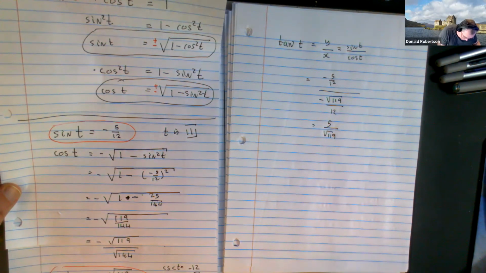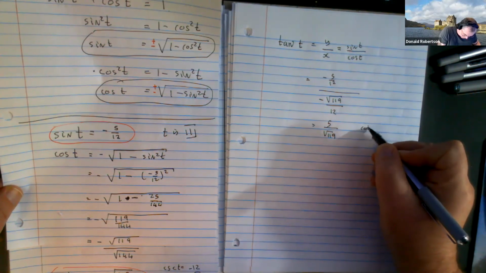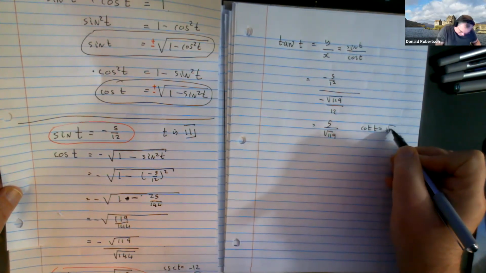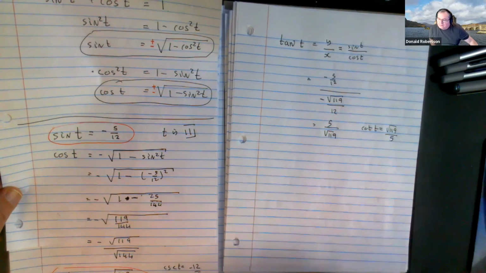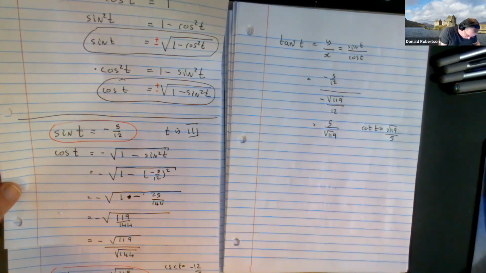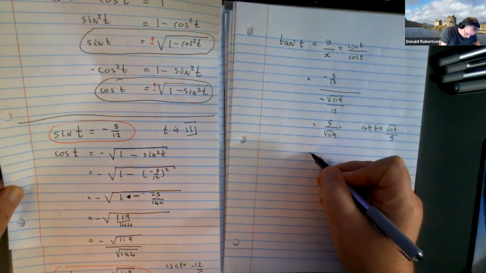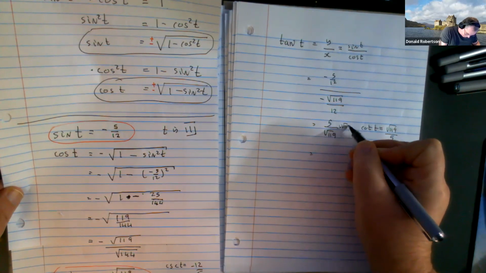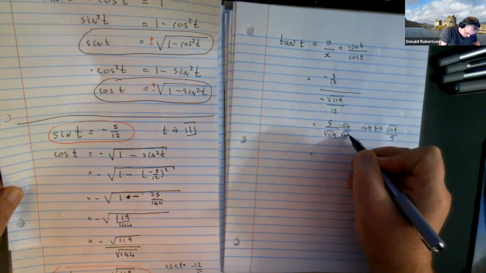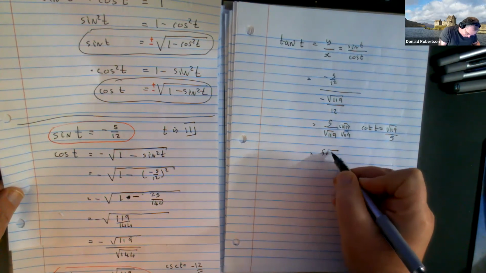While I'm at it, why don't I just write down the cotangent then? Won't it be this guy? If I wanted to, and I probably should, shouldn't I make that look pretty? By rationalizing the denominator.